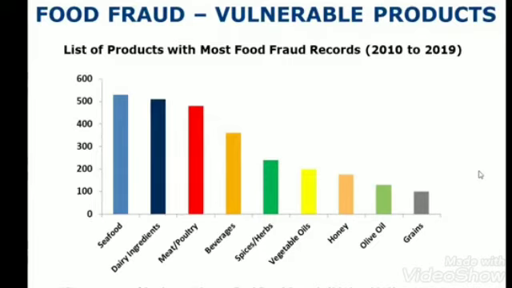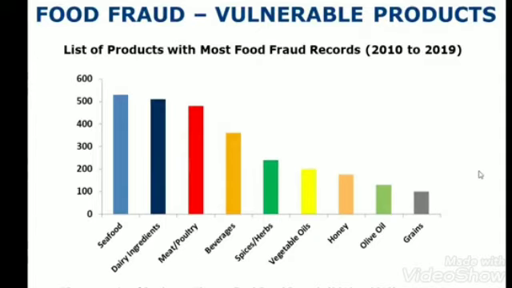You all know the famous horse meat scandal that comes within this category as well. Then beverages, juice, nectar, and drinks, alcoholic and non-alcoholic. This is also one of the big categories globally where food fraud is being done.